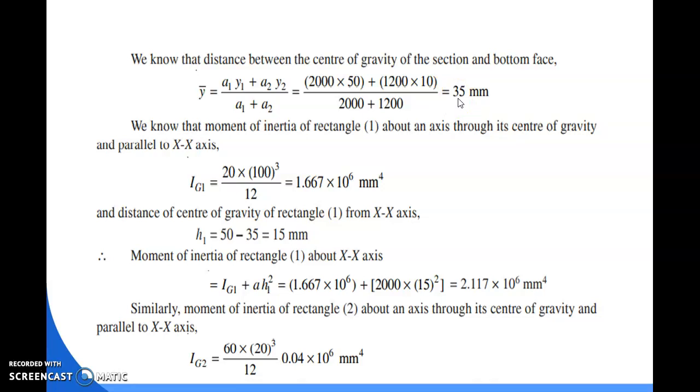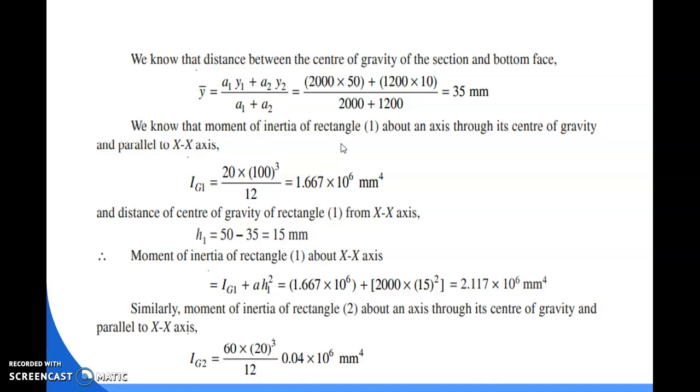So now for the calculation of moment of inertia, we need to find the moment of inertia about its center of gravity. As we know, for the angle section there are two parts and both are rectangular parts. So for each section the moment of inertia is equal to bd cube by 12.